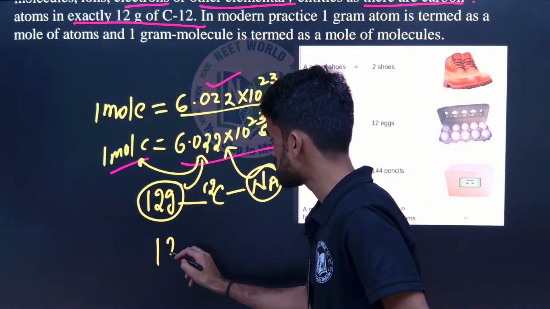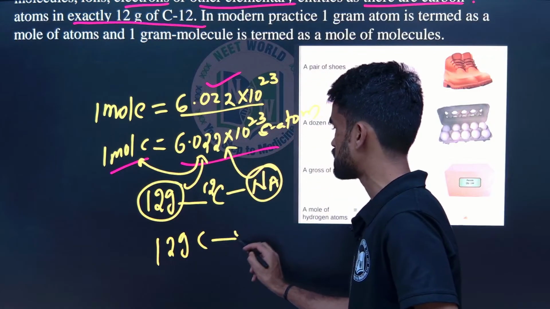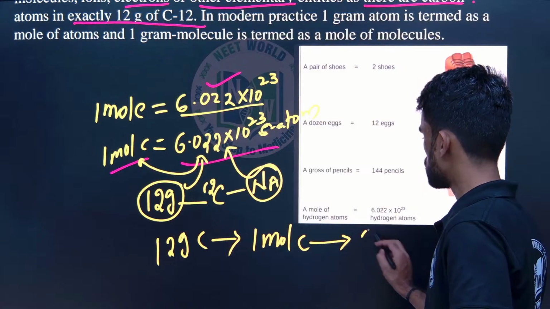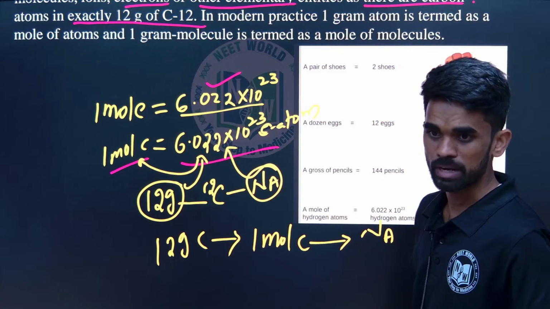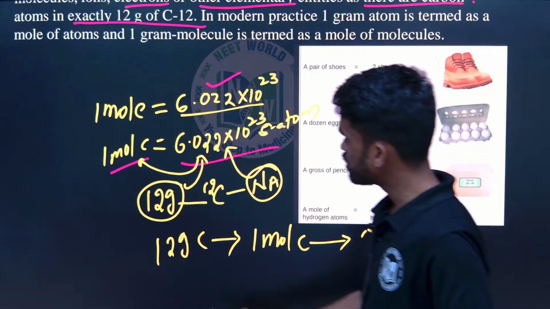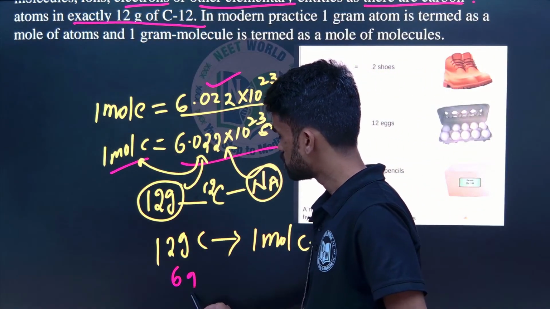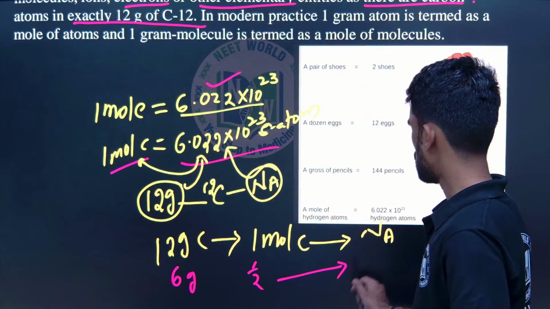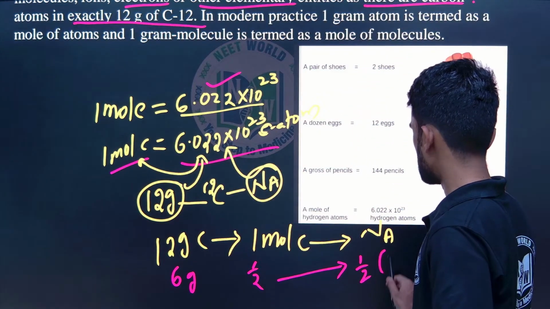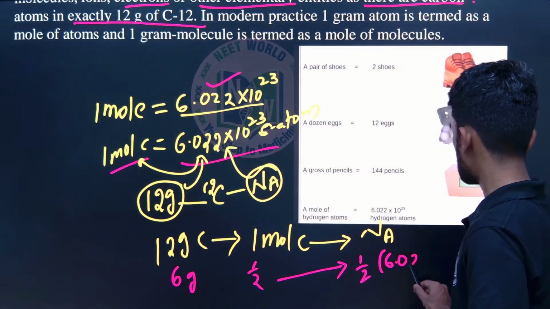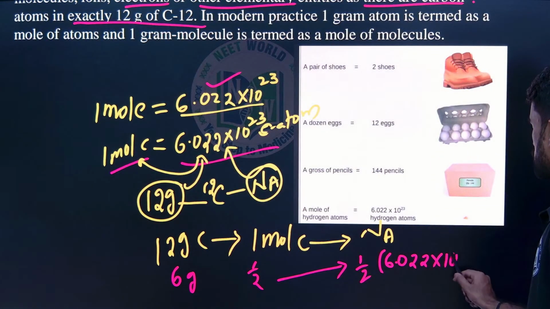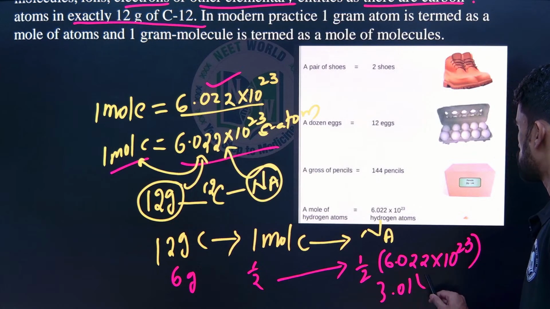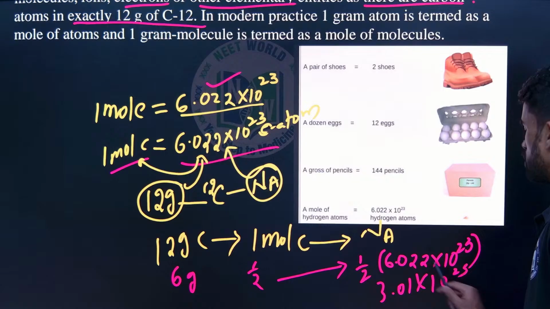So 12 grams of carbon corresponds to 1 mole of carbon, which equals Avogadro number of carbon atoms. Now if I give you 6 grams of carbon, it is half a mole, so half of 6.022 into 10 power 23. What will you get? 3.011 into 10 power 23 will be your answer.